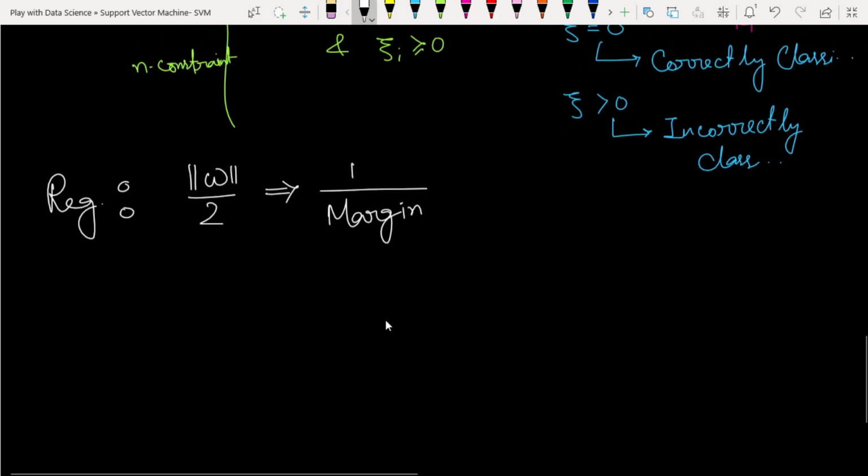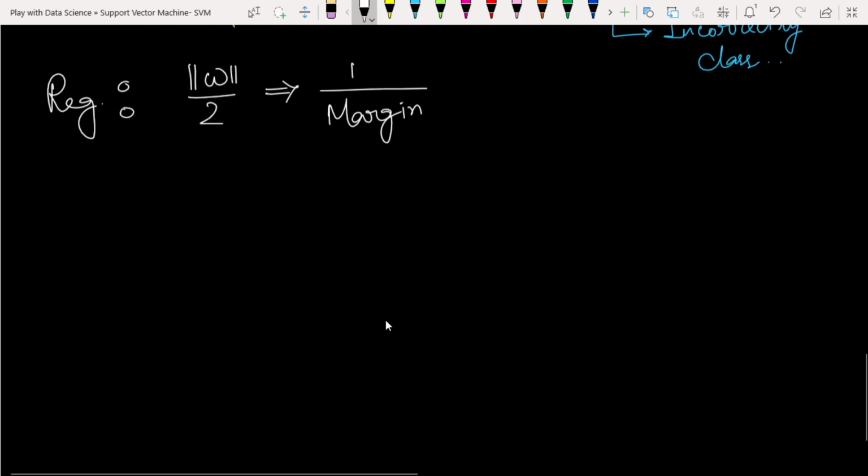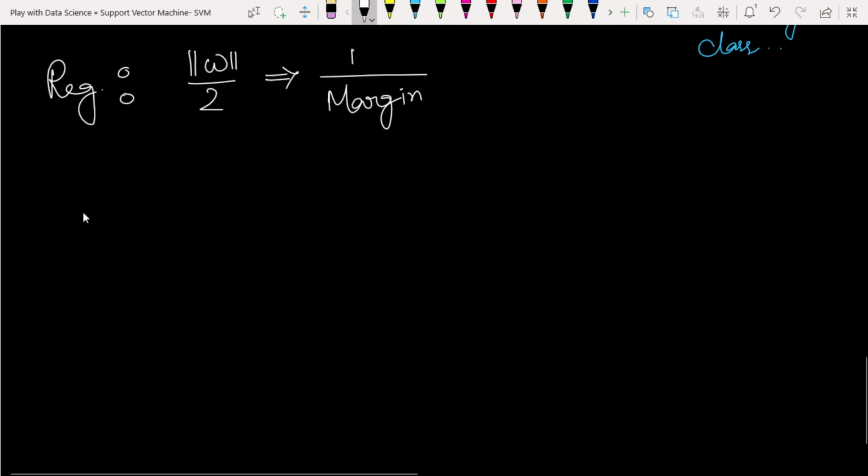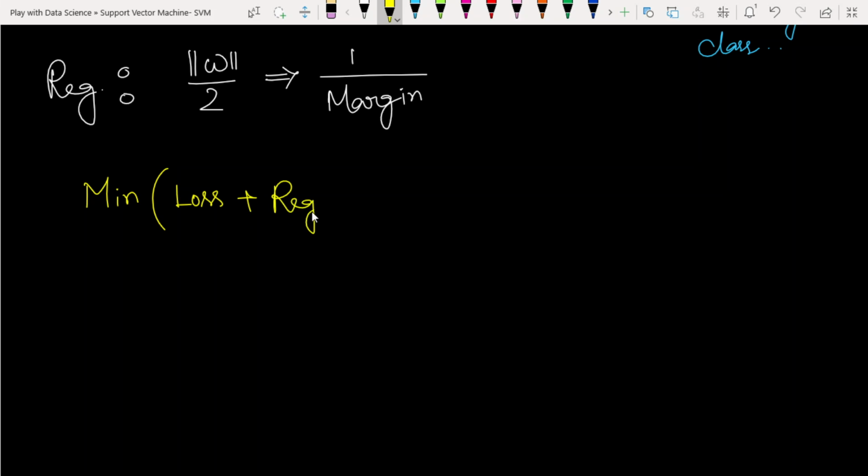If you remember, in logistic loss or any optimization problem, in any optimization equation we are going to minimize our loss, plus we control our regularizer term by some parameter, lambda, a hyperparameter to control our regularizer.